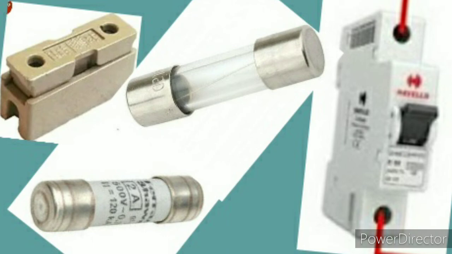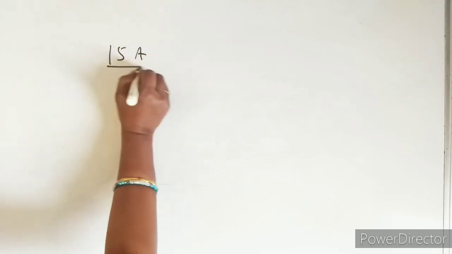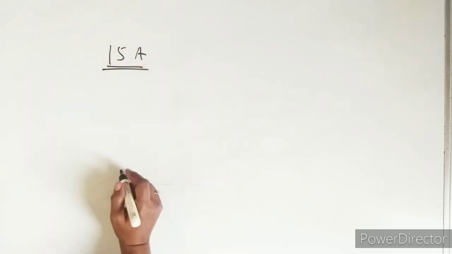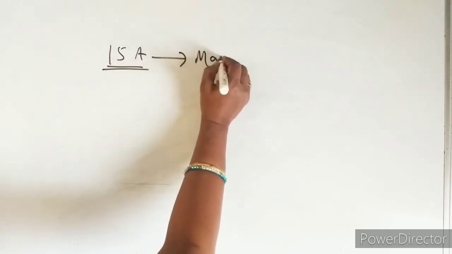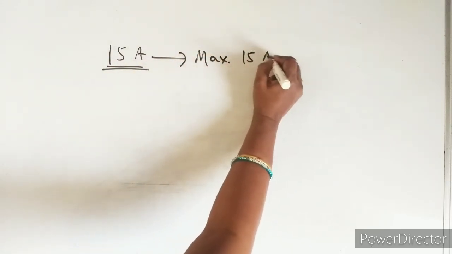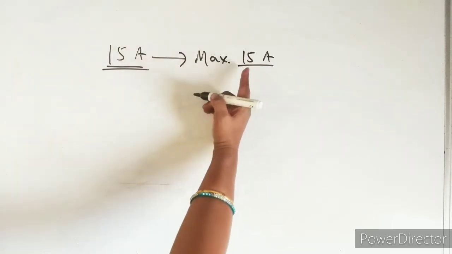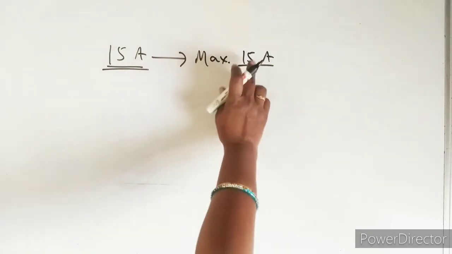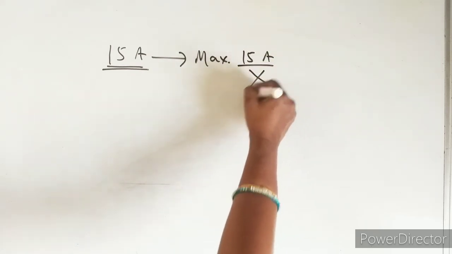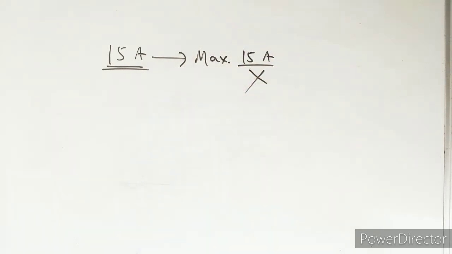And if it says the fuse rating is 15 ampere, it shows that a maximum of 15 ampere of current can pass through the appliance, not more than that. If it exceeds, the fuse will blow off. This is the working of the fuse.